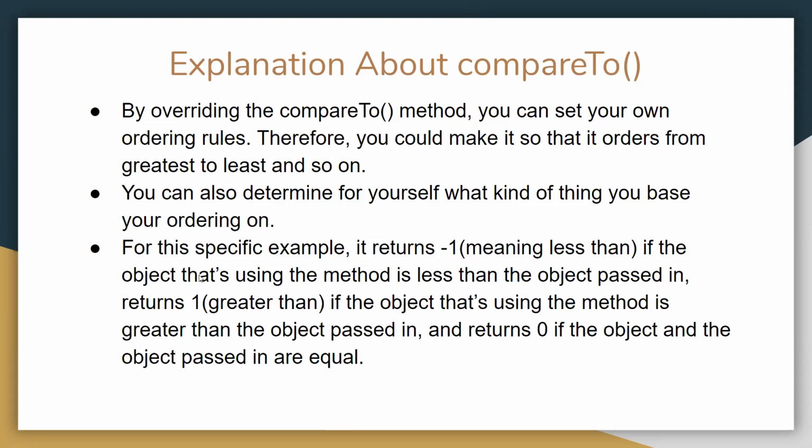Same kind of thing here. If it returns 1, that means greater than, if the object that's using the method is greater than the object passed in, and in that case the object passed in would be moved before it. And it returns 0 if the object and the object passed in are equal.